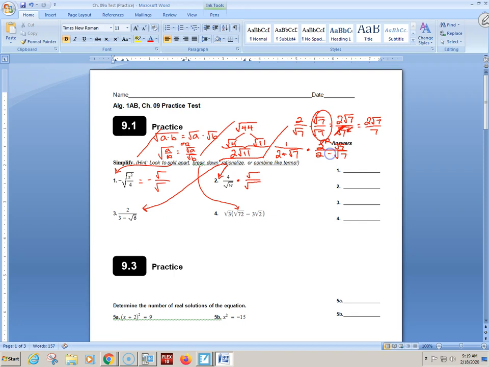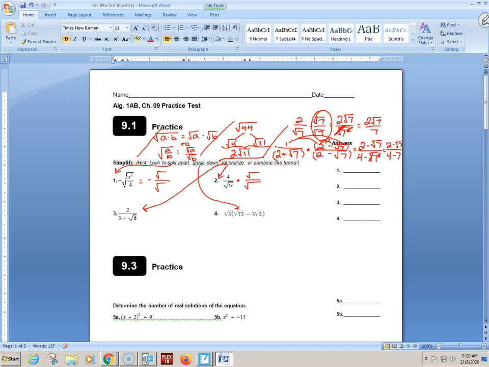I have to multiply by what we call the conjugate. On top, I would distribute, but 1 times anything is itself. And on bottom, I get what we call a difference of squares when I FOIL it. And all of a sudden, my problem goes away. And I get 4 minus 7, which is something I can do.